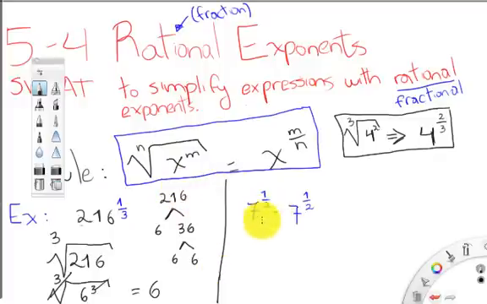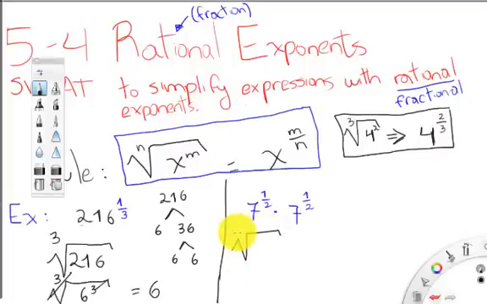How could I rewrite this? Remember, I'm going to use this rule. I have it written in rational exponent form, and I want to make it look like this. How can I do that? It's actually very easy. My denominator tells me what type of root it's going to be.